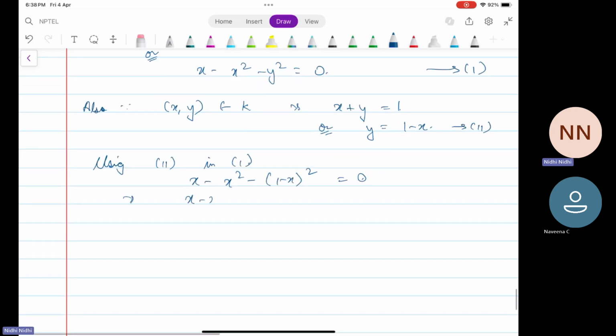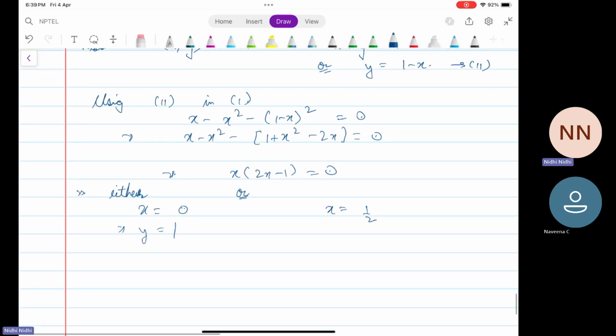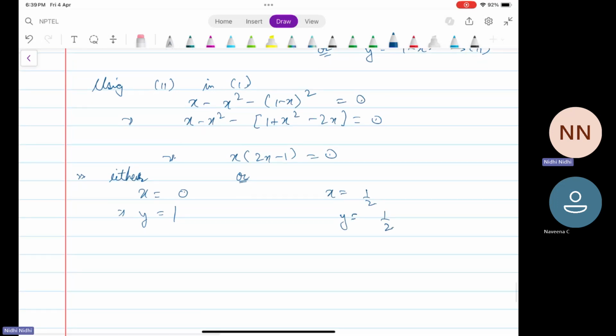This is x minus x square minus 1 plus 2x minus x square equals 0. So eventually I'll end up getting x times (2x minus 1) equals 0. This implies either x is equal to 0 or x is equal to 1 by 2. So in this case y is 1, and in this case y is 1 by 2. So from here we get P equals (0, 1), and from here we get P equals (1 by 2, 1 by 2).